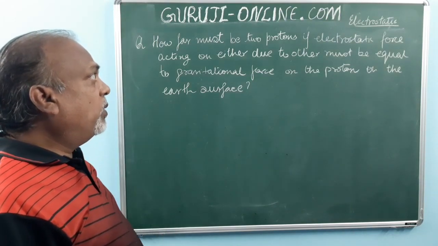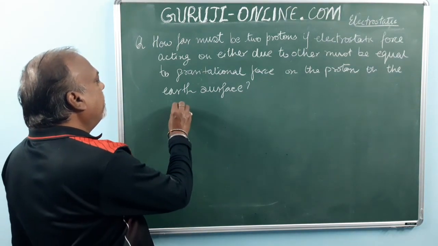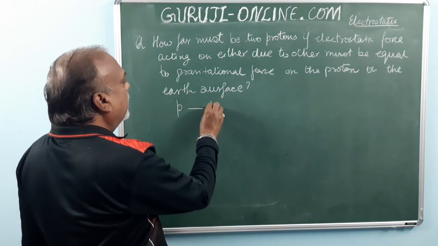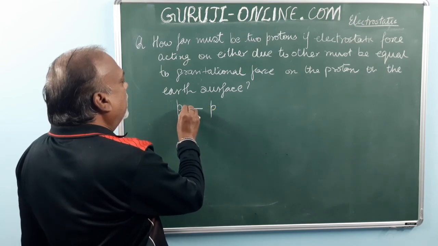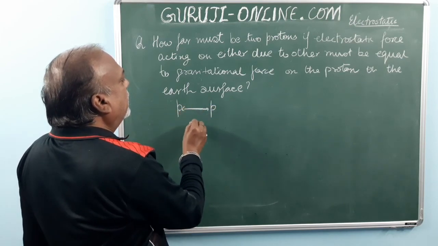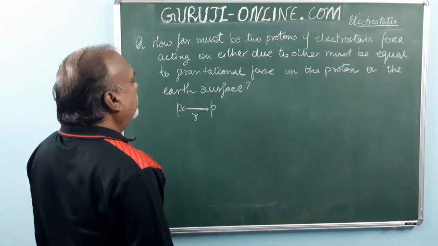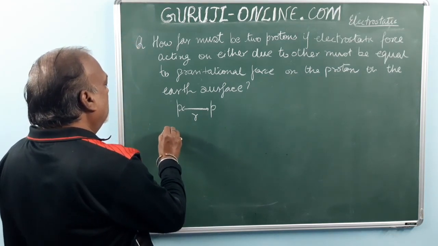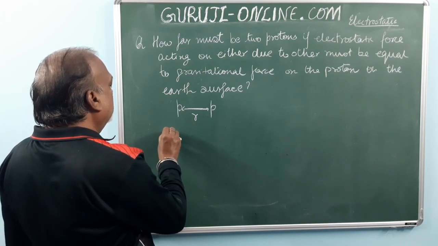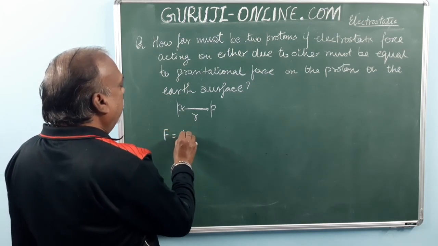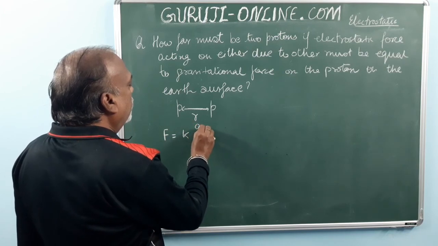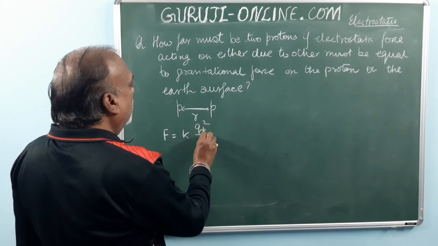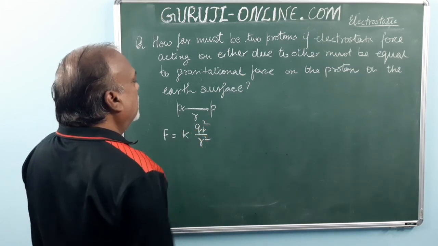So suppose two protons are there, and if there is a r distance between them, then what will be the electrostatic force? K Q P, that is the charge on the proton, square upon r square.